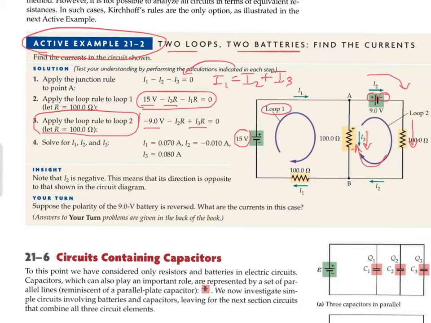So now we've got a third equation right here. We've got 3 equations and 3 unknowns. So you can only solve this type of problem with Kirchhoff's rules. So it's simultaneous equations. You solve for I2 or I1 or I3, and then substitute in for that variable into another equation.